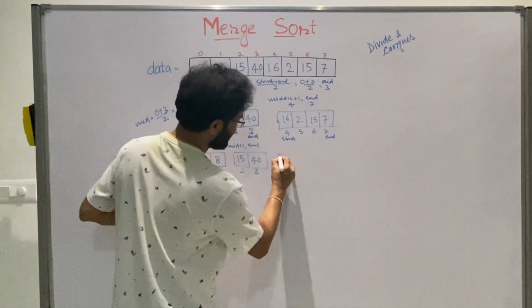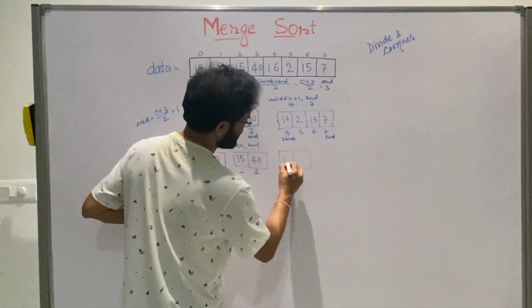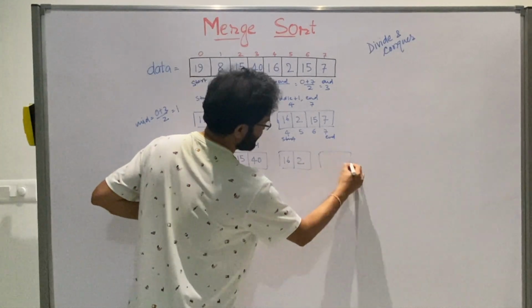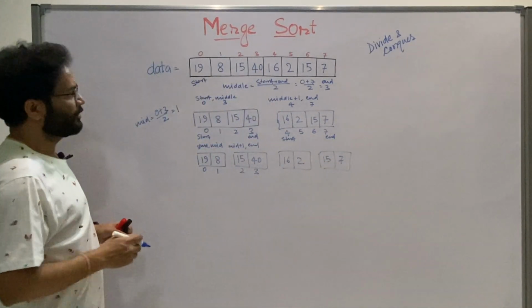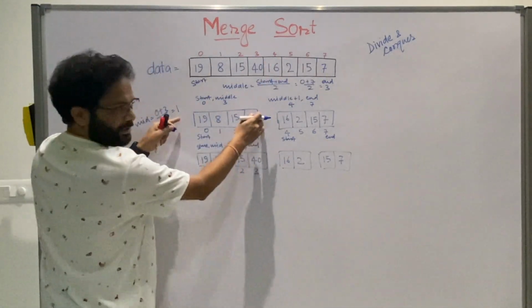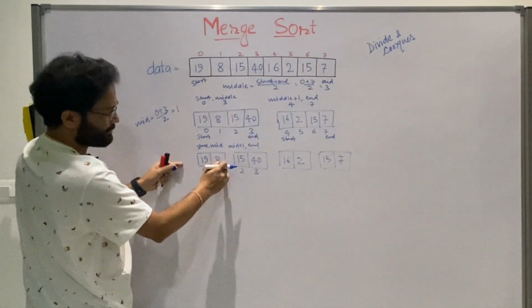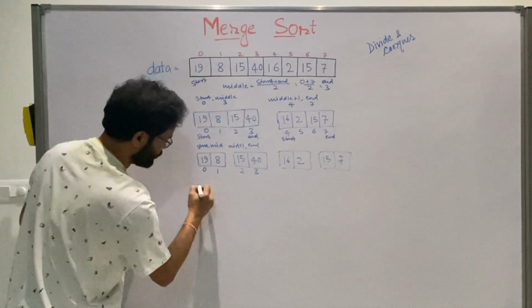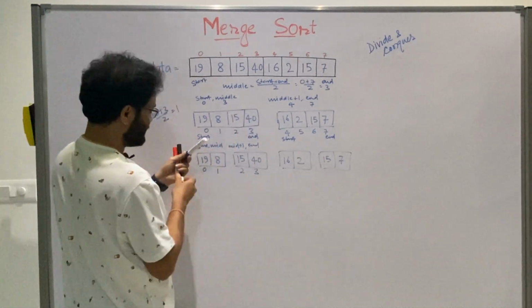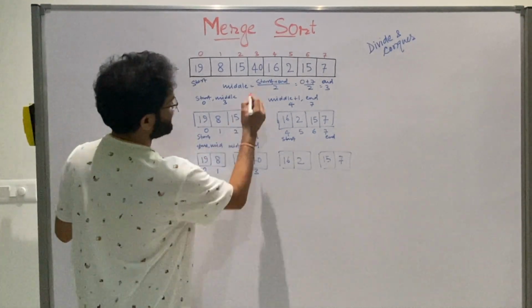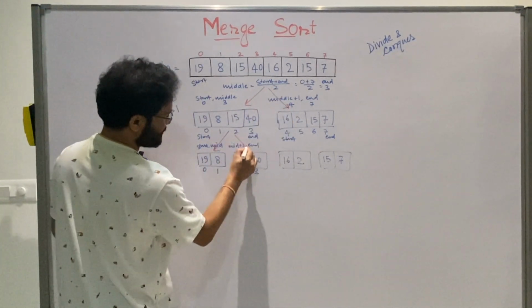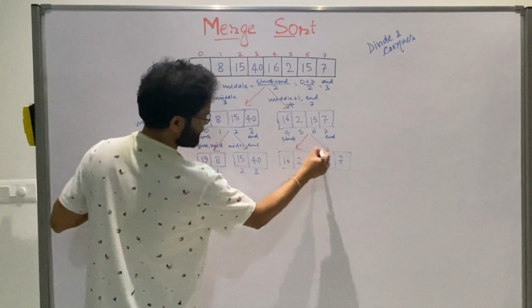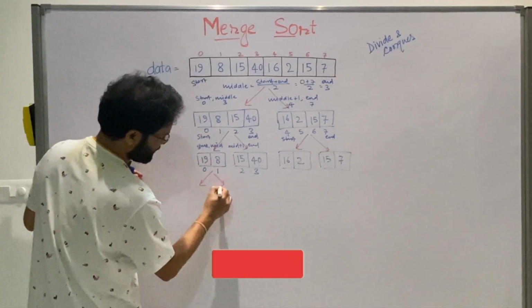The same way it will divide into two parts: 16, 2 and 15, 7. The first part is divided into two parts, again this is two subsets, again this one is two parts. It is divided in such a way that each is divided into two parts.